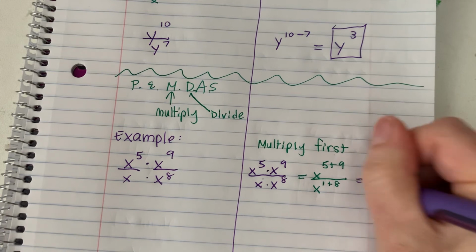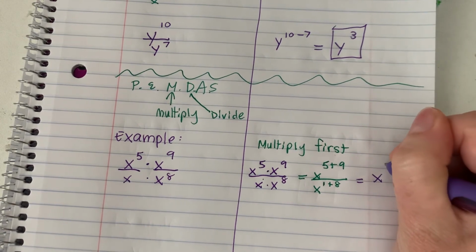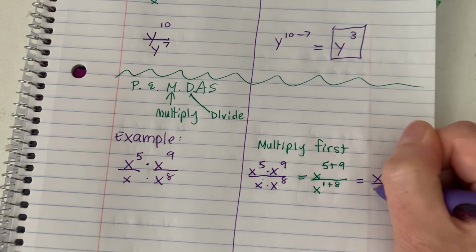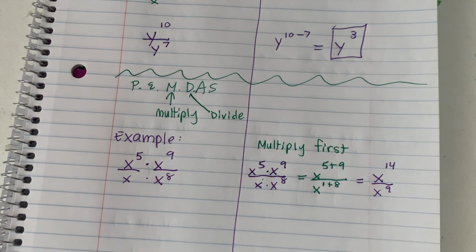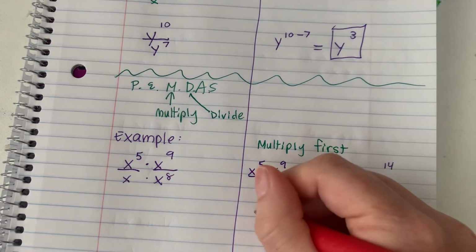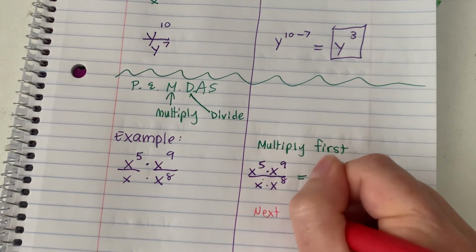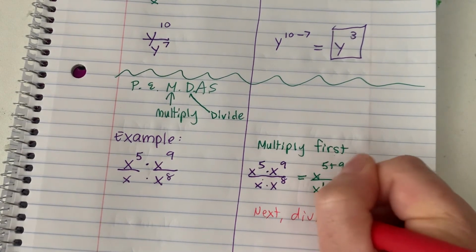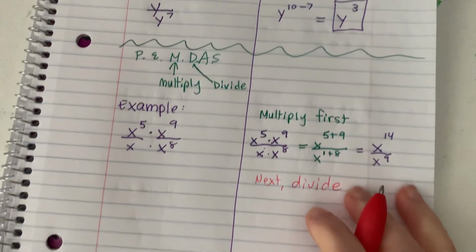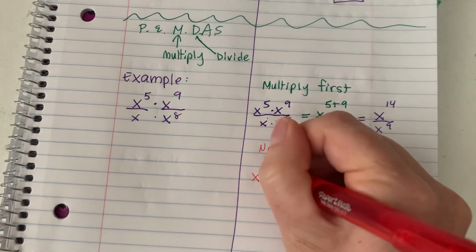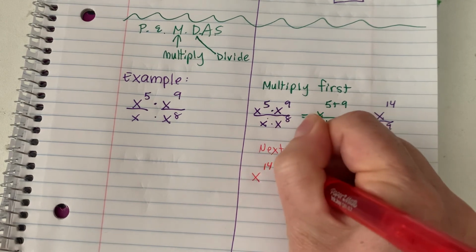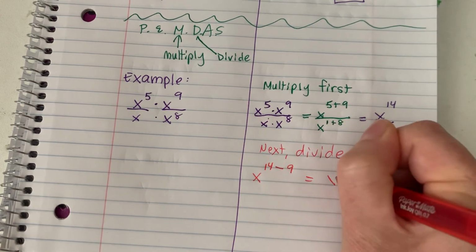So that's going to get us x to the 14th all over x to the 9th. So now that we've multiplied, now I can divide. So we're going to take x to the 14 minus 9, which is x to the 5th.